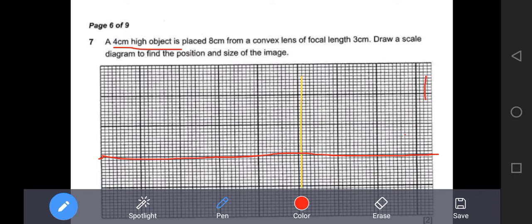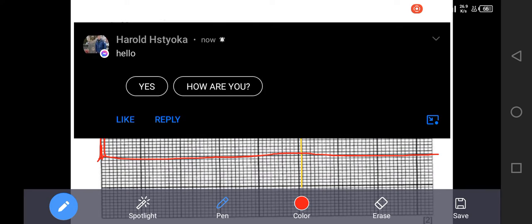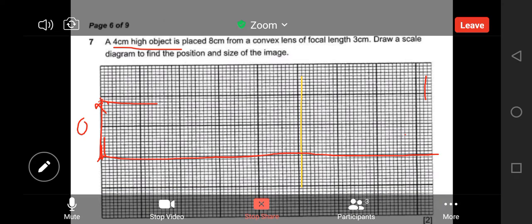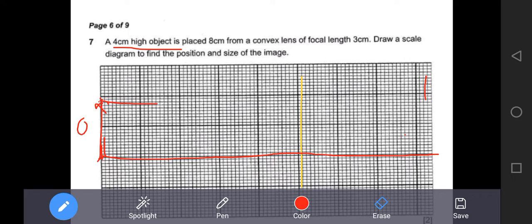So from here on this line, you measure a 4. After measuring a 4, you indicate that this is the object. Then on the tip of this, you draw a straight line.